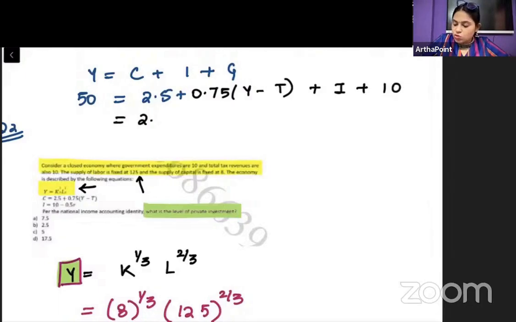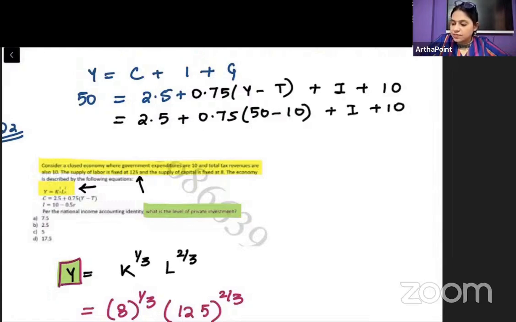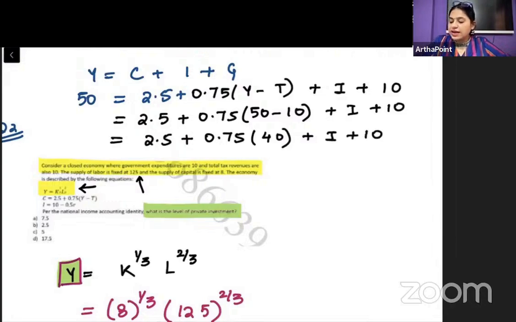So this is going to be 2.5 plus 0.75 into Y. Y is 50. T is 10, plus I, plus 10. So this is going to be 2.5 plus 0.75 into 40 plus I plus 10, right? And 0.75 is 75 by 100, which is 3 by 4.